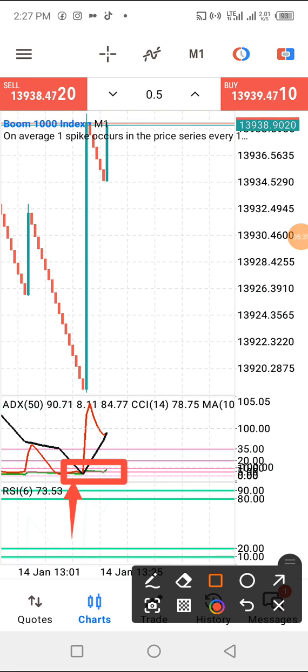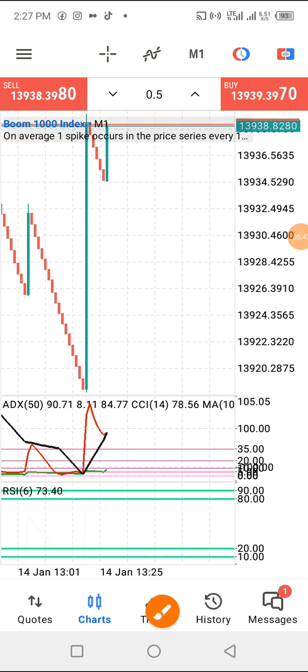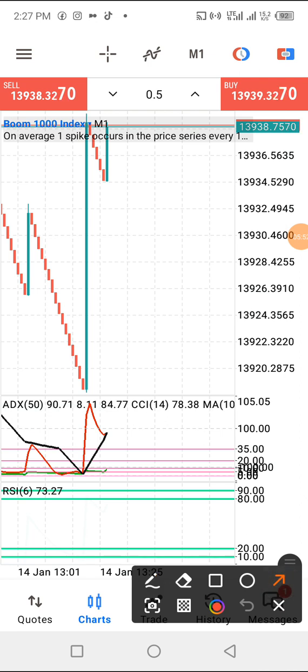But before you take a spike, we want to make sure that our RSI level is around between 2.0, if possible 1.0.